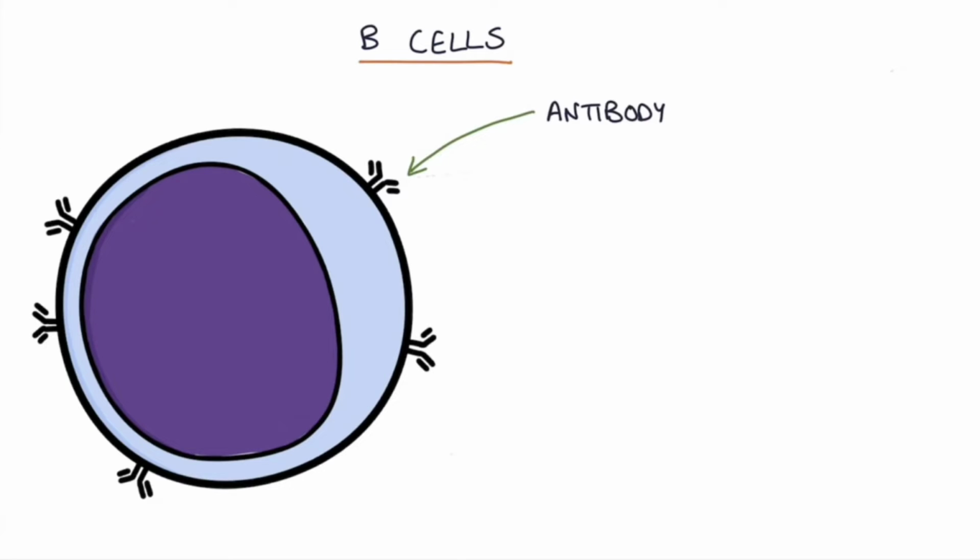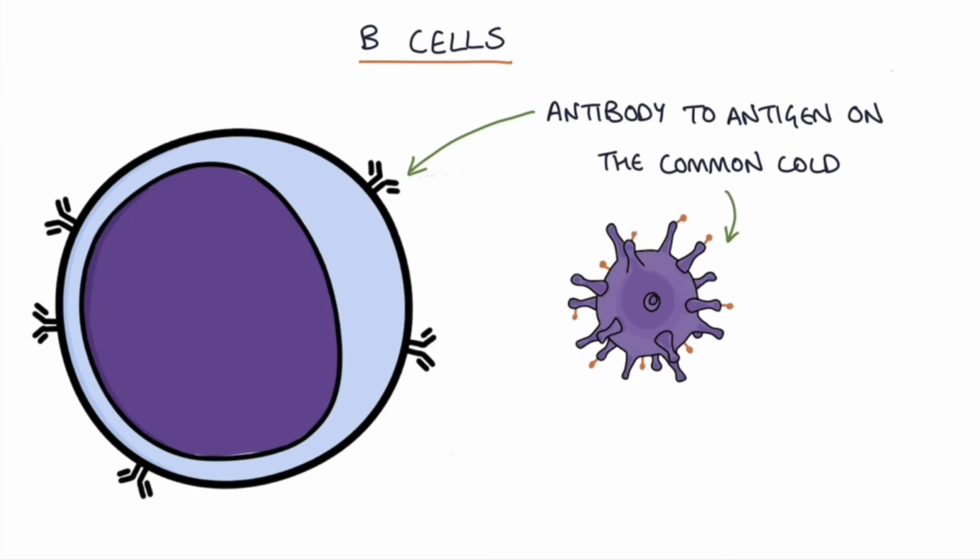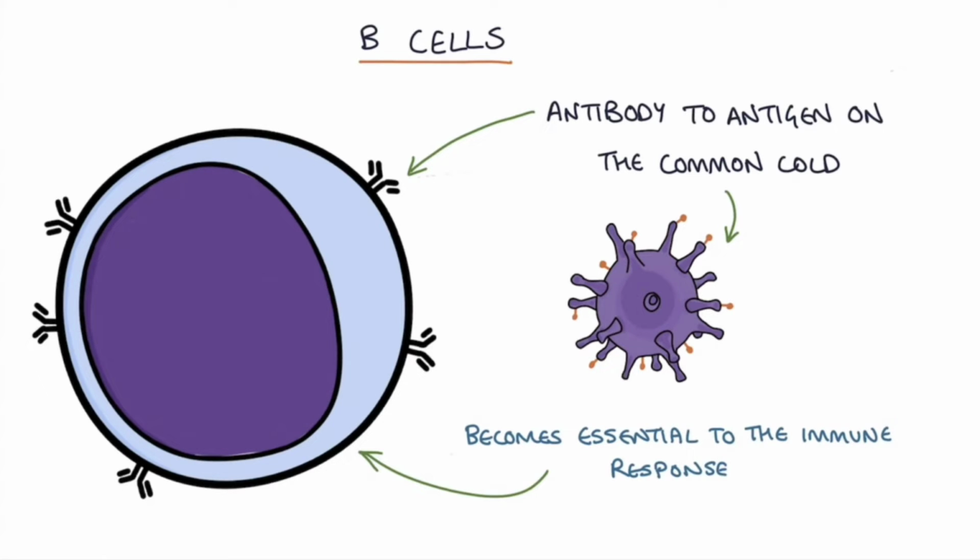Alternatively, you might choose a B cell that has an antibody that's specific to an antigen on a virus that's caused by the common cold. And when the person picks up that specific virus, the B cell multiplies furiously and becomes essential to the immune response to fighting off that infection with that virus and protecting against that virus in the future.